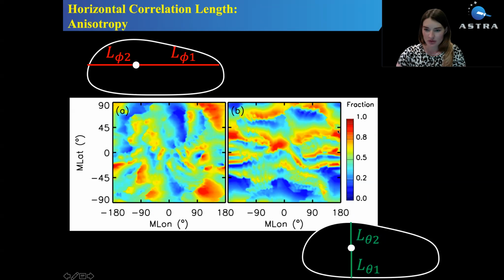And when the color is red and blue, it means that the anisotropy is high. So this points out the important part that we need to take into account the fact that these distributions are not isotropic when we model error covariance distribution for ionospheric data assimilation.